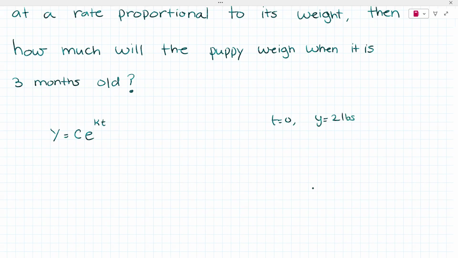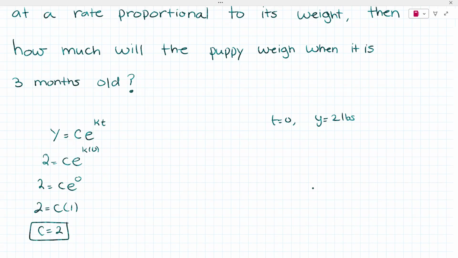If you plug that in, you'll see that c will be 2. So 2 equals c e to the k times 0, and k times 0 is 0. e to the 0 is 1, so c equals 2.